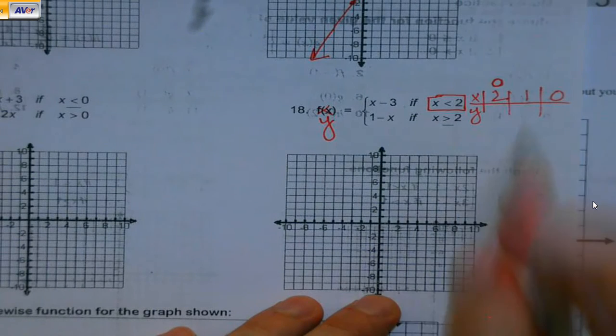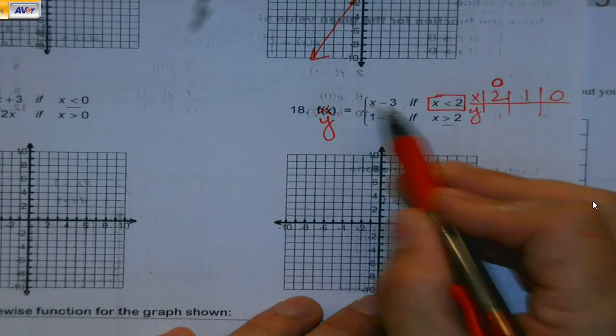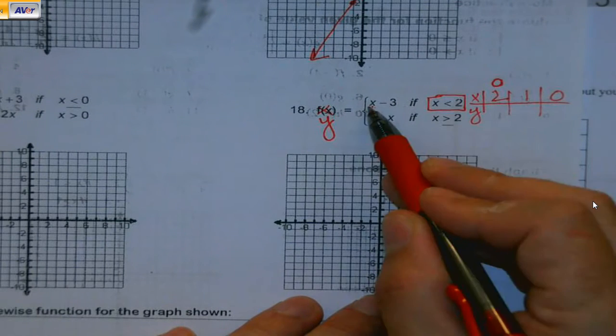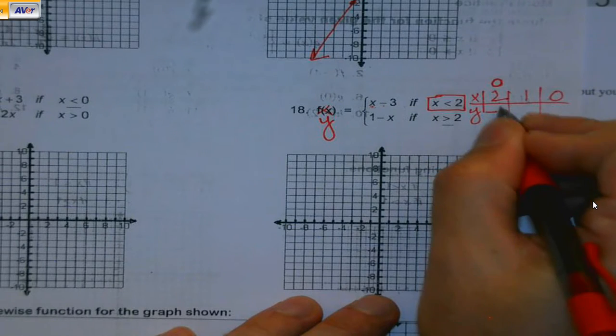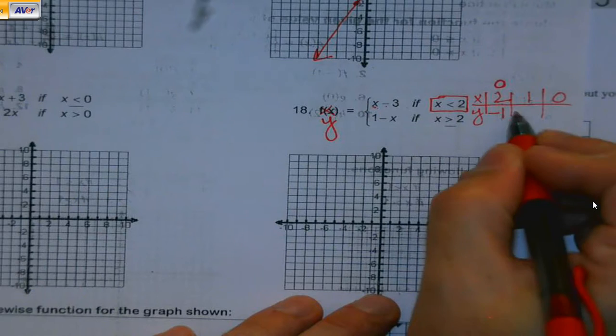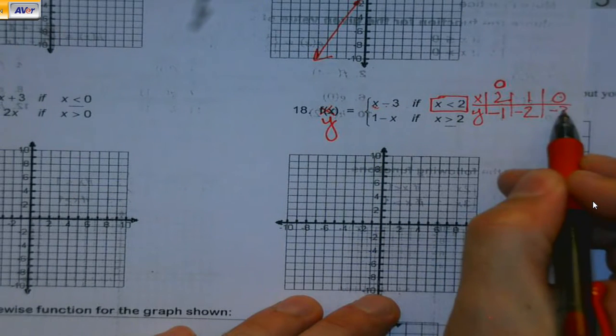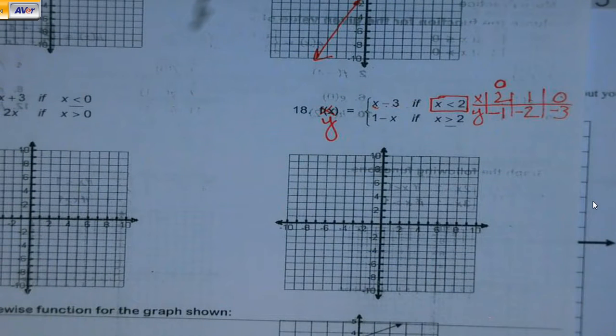So I'm going to plug these values in for x in this first expression. So 2 minus 3 is negative 1. 1 minus 3 is negative 2. And 0 minus 3 is negative 3. Those are my 3 coordinates, the 3 points that I'm going to plot.